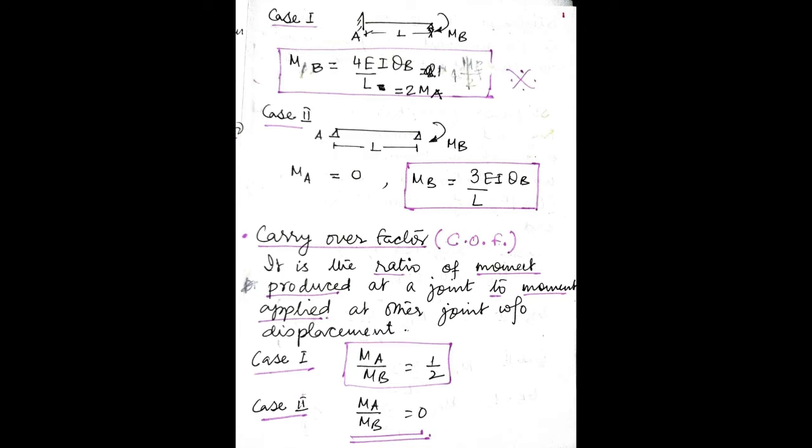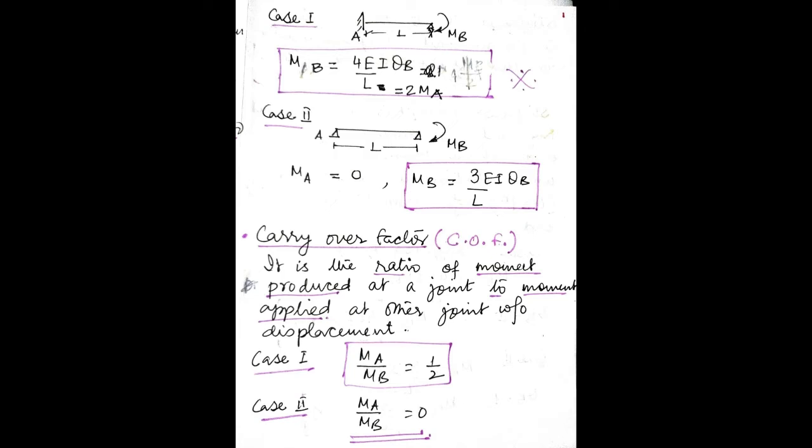Now what will be the moment developed at B? That will be 4 EI theta B by L. What are these things? E is the modulus of elasticity, L is the length of the beam, I is the moment of inertia. What is theta B? Theta B is the slope developed at the end B. So if you know the moment at B, we can find the moment at A also.